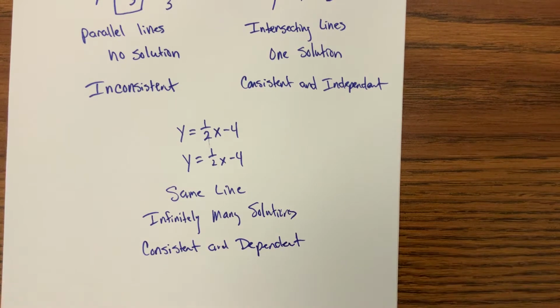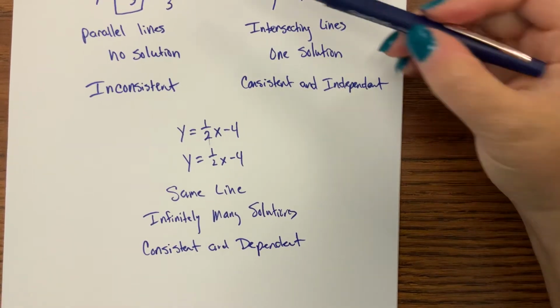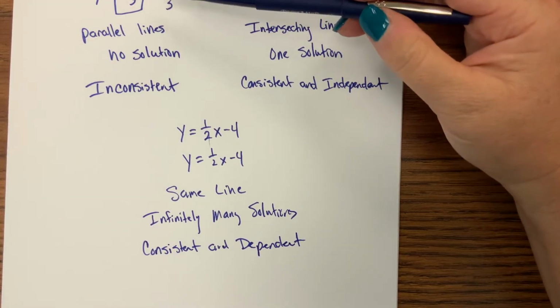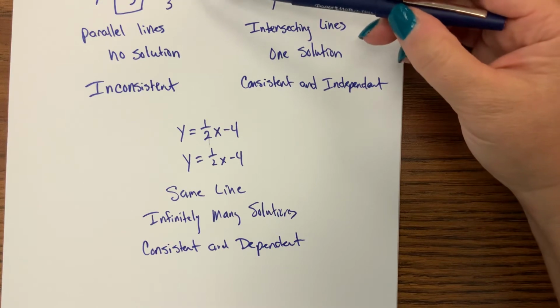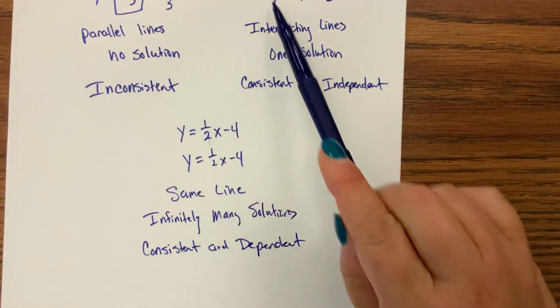So that brings us to slide 3 on this assignment. Let me get to it. Okay, so slide 3 gives you 3 sets of equations, and they want you to classify. You're going to put them in slope-intercept form, which means you need to solve them for y. You go through the steps to solve them for y.